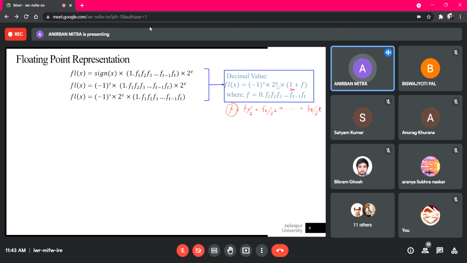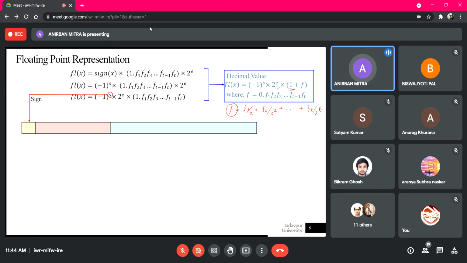Now let us see how these different parameters, the sign, exponent, and the mantissa, are stored in computer memory. Let us consider this graphical representation, which is analogous to a particular location in computer memory, and this sign could be stored here.